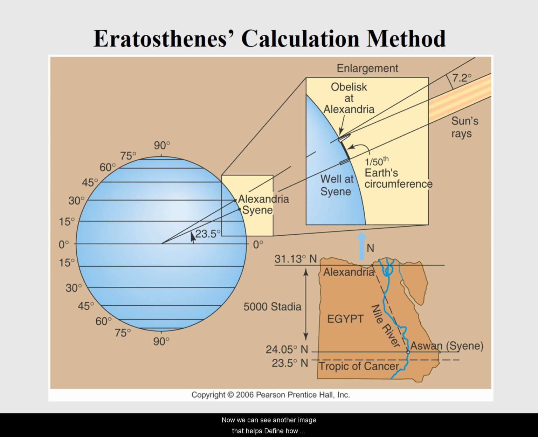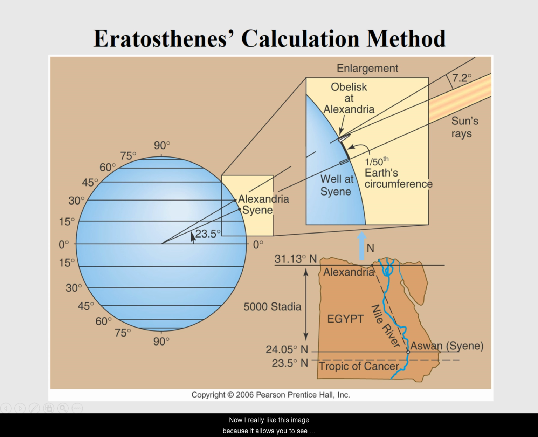Now we can see another image that helps define how Eratosthenes was using the scientific method of observation and data collection: to measure the obelisk at Alexandria, to measure the inverse angle of 7.2 degrees, then applying the distance of 5,000 stadia as an arc, making up an entire circle, to be able to calculate the circumference of the Earth.